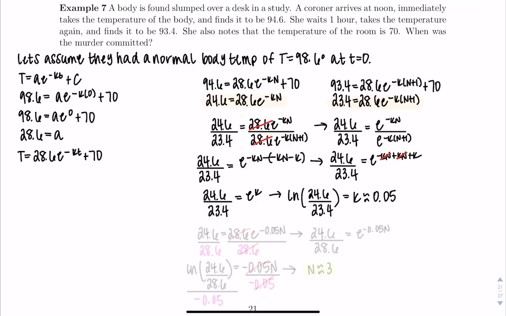Now we can plug it back into one of the original equations we set up here, either the left one or the right one. I'm going to pick the left one so that we can find n, which is the time of the murder. So we have 24.6 equals 28.6 e to the negative 0.05 n.